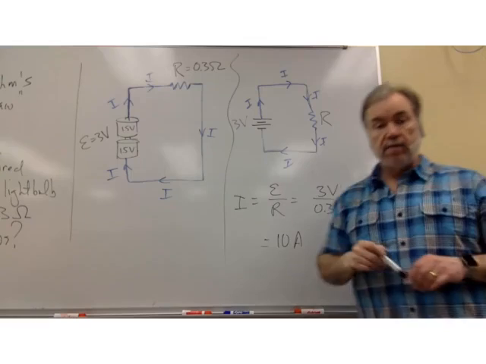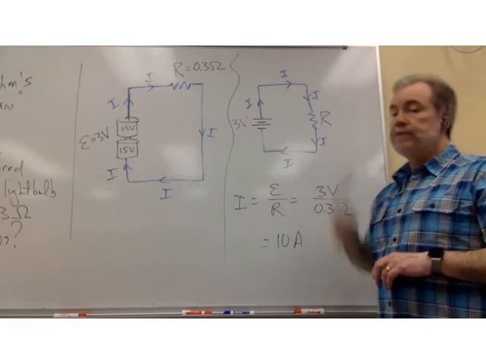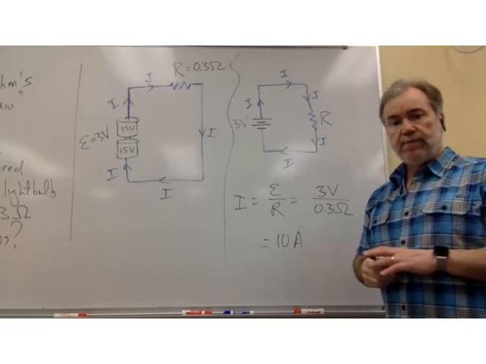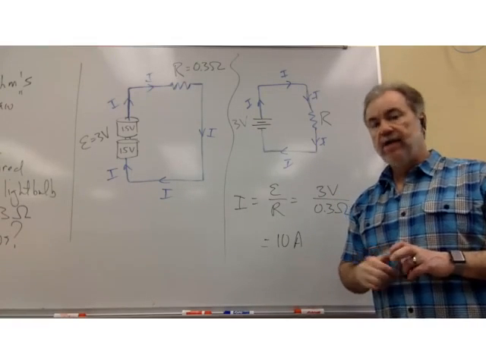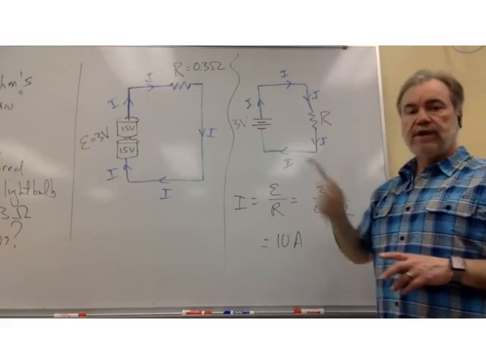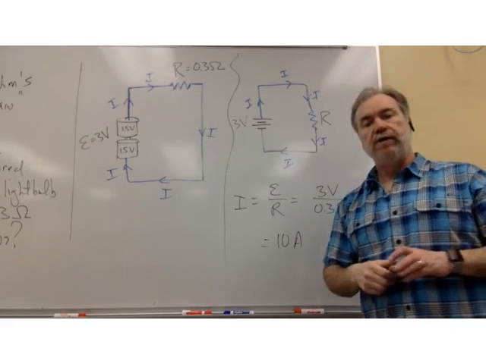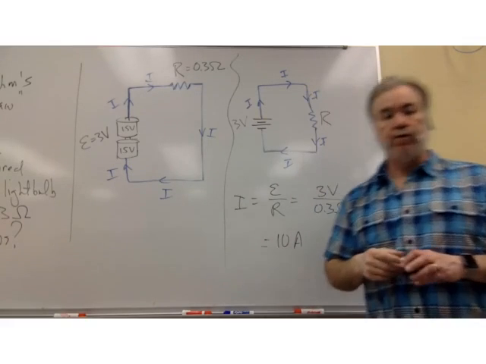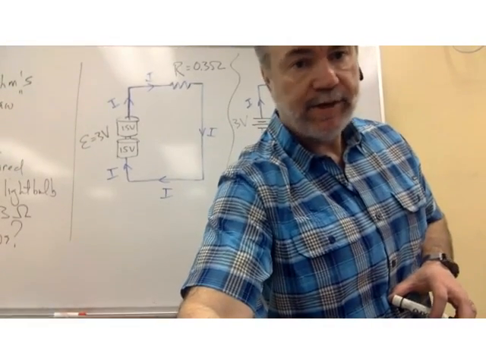And almost parenthetically, why did I write I all over this circuit, at every point in the circuit, and why only I? Why didn't I have I1, I2, I3, and I4, and so on? So all those questions and more in the next video or two. This is so exciting.